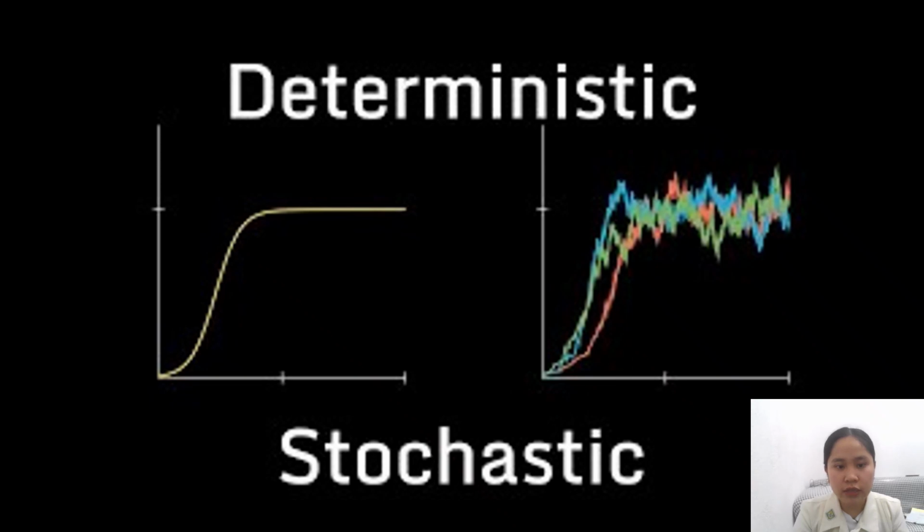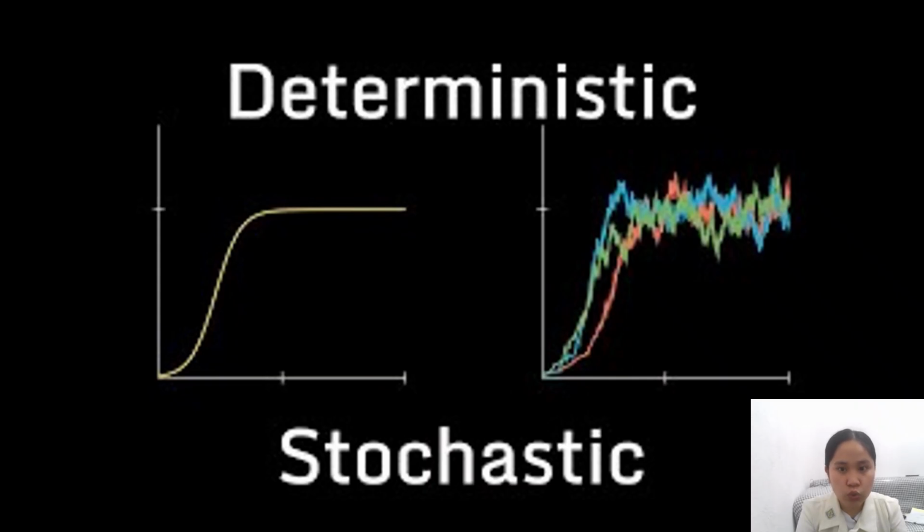In short, if you start with the same input, it always gives the same output, and it has no randomness involved. Isa lang yung output niya, while the curve is smooth because the outcome is predictable.